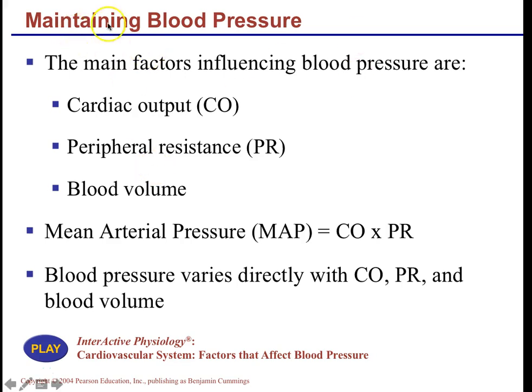Now, maintaining blood pressure, that is really arterial. You are obviously going to have the heart as part of the equation, peripheral resistance as part of the equation, and blood volume. So when you take patho, there'll be different types of pathologies, and one can be a hemorrhage.